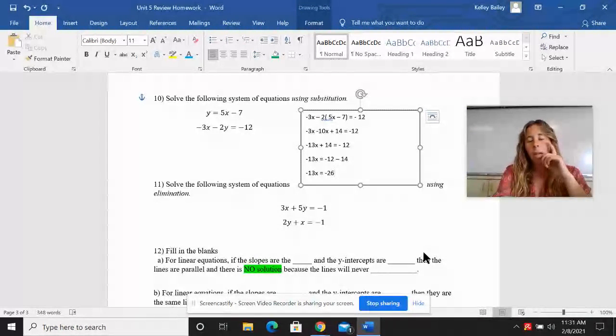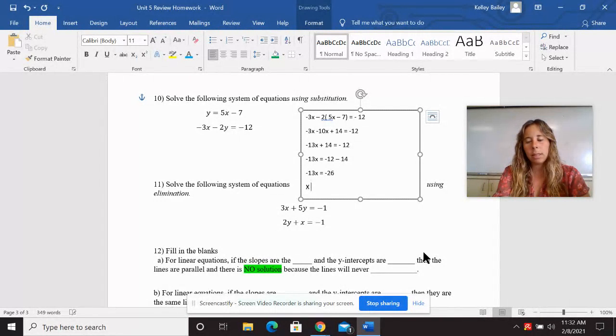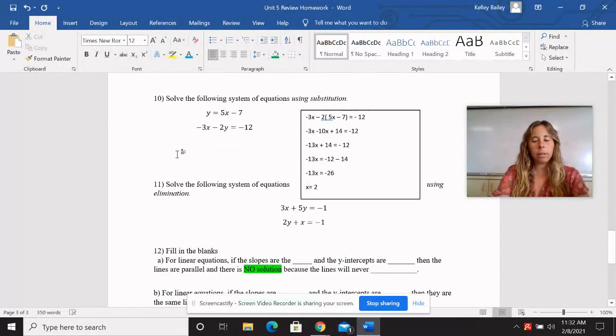Okay. Last step, you're going to divide by negative 13. So you get x equals negative 26 divided by negative 13 is positive 2. So now you have x. So you did the hard part. So that's part of your answer. Here's half my answer. Now I need to find y. So you can take 2 and substitute in for x in either equation.